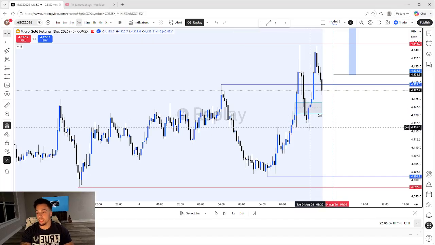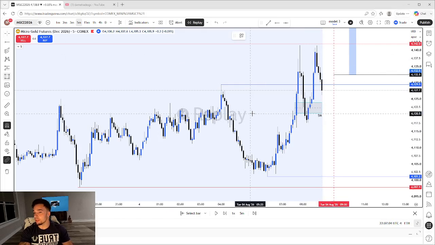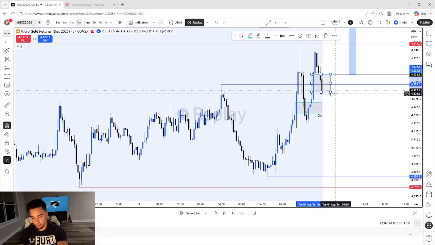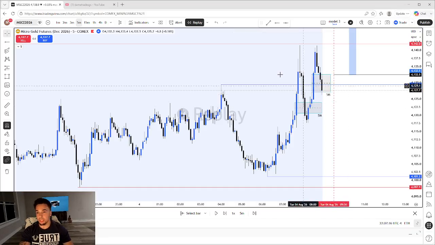That is a 5-minute gap that we did end up inversing and then double inversing back up to the upside, while leaving another bullish 5-minute fair value gap right here at the 8:35 candle. I'm marking this out, keeping note of it, and being patient, waiting for the market to develop.